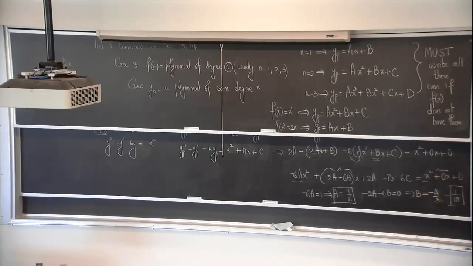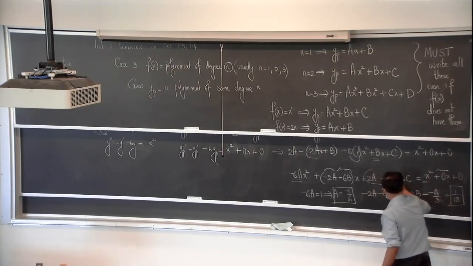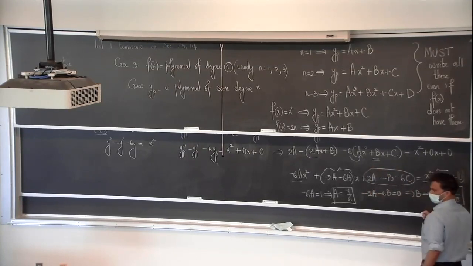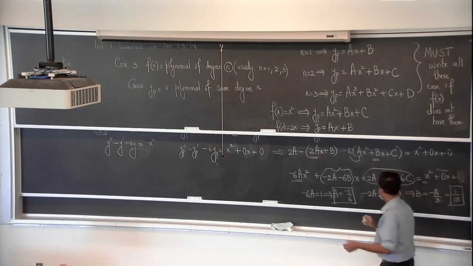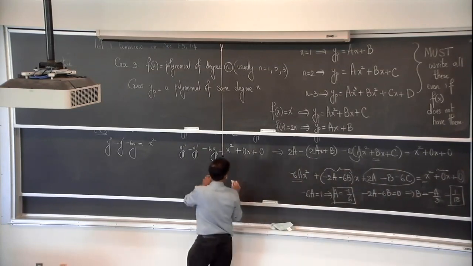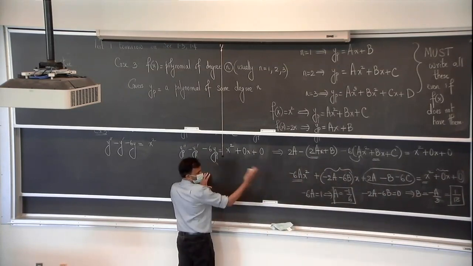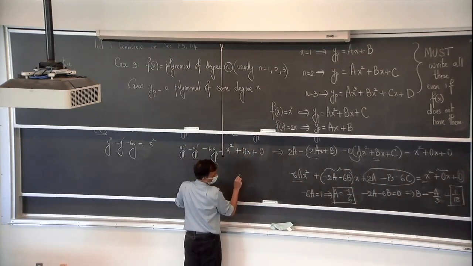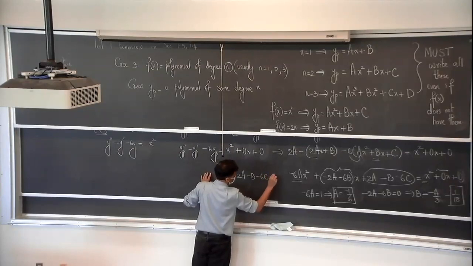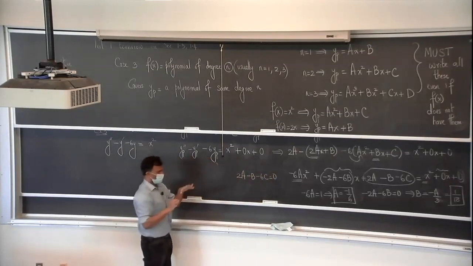So keep a record of all these things because you're going to write everything together at the end. And the last one is going to be 2a minus b minus 6c equal to 0. The constant terms. So I'm going to write it here. Unfortunately, I don't want to go up and down there. So 2a minus b minus 6c equal to 0. That is the constant term.